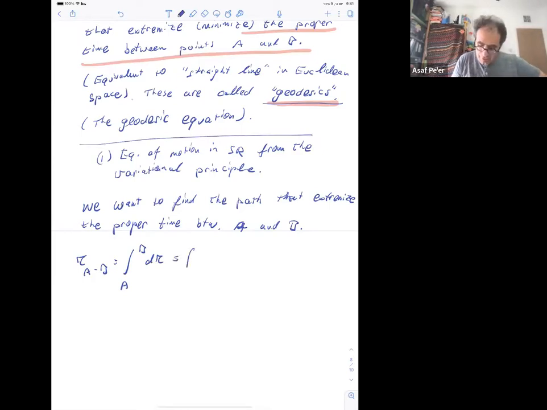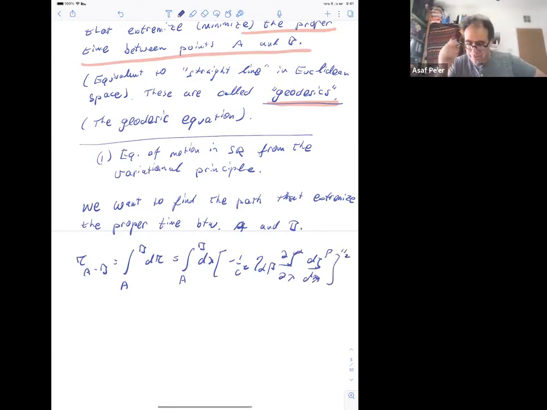Let me choose what is d tau? Well, I use tau, so it has to be some other parameter along the path. So let's call it lambda. D lambda, and then it will be minus 1 over c squared eta alpha beta d psi alpha over d lambda d psi beta over d lambda, to the power 1/2. Right? So lambda is the parameter along the world line of the particle.